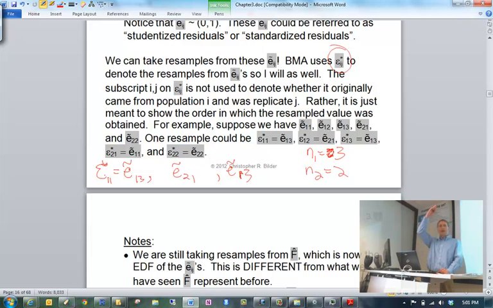If you think of all the epsilons that you have, the very first one would be for population 1, observation 1, so we call this E tilde 1,1. The next one, E tilde 1,2. And the next one, epsilon star 1,3. I'm sorry, I keep on calling it E tilde.